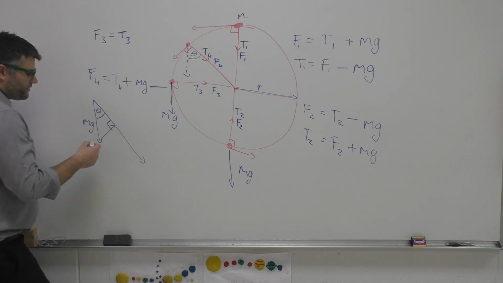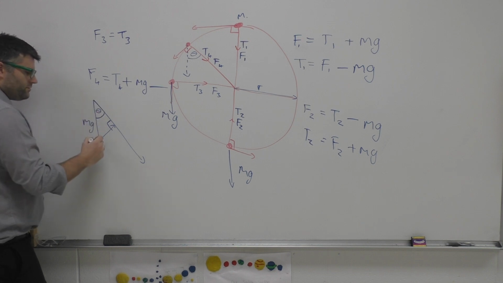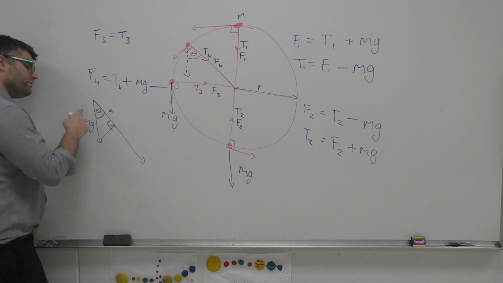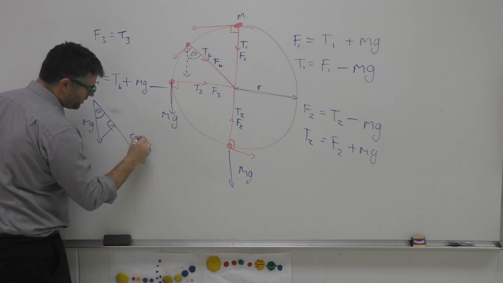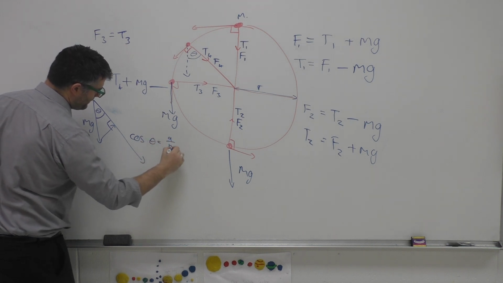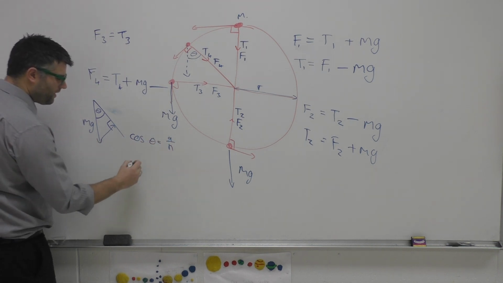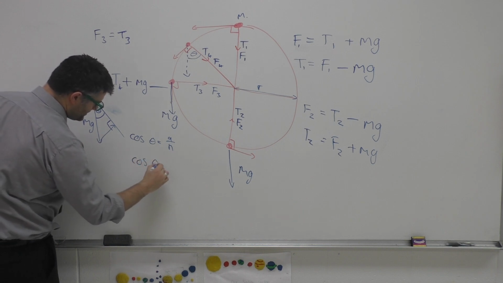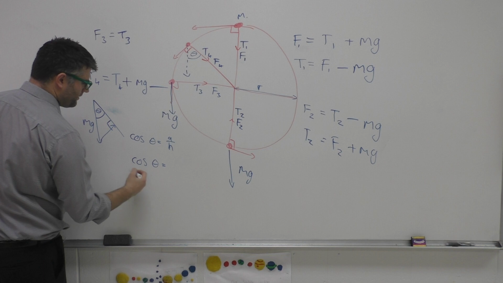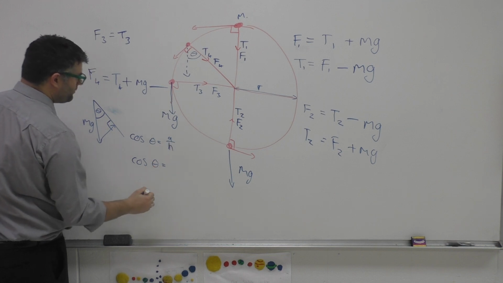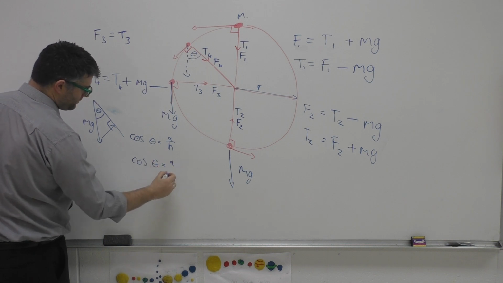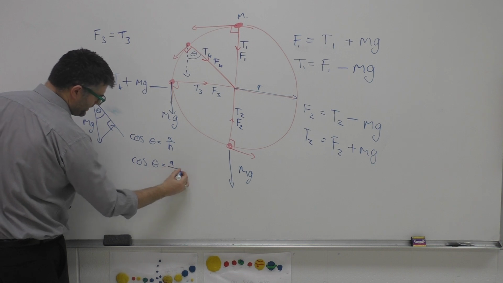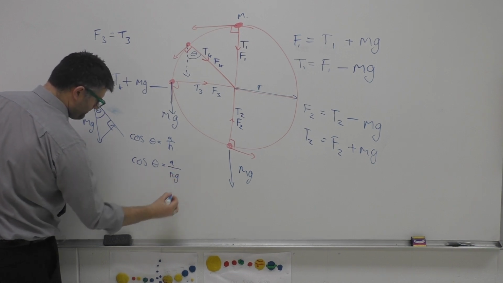So, a bit of trigonometry will take you to seeing that this is the hypotenuse, this is the adjacent. So if we're dealing with the adjacent and hypotenuse, we're dealing with a cosine value. So cos theta equals the adjacent over the hypotenuse. In this case, cos theta will be equal to the value that I'm looking for, A, divided by mg.